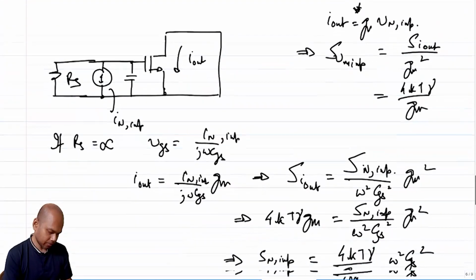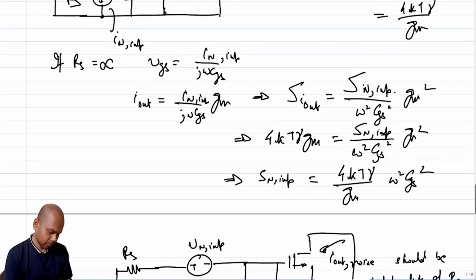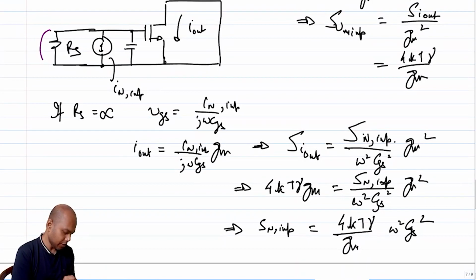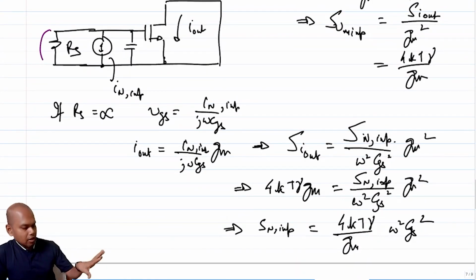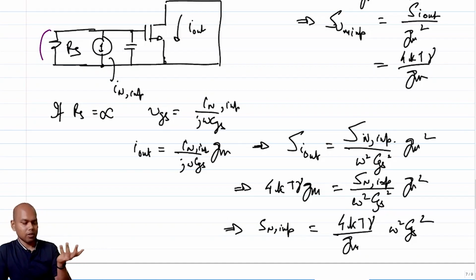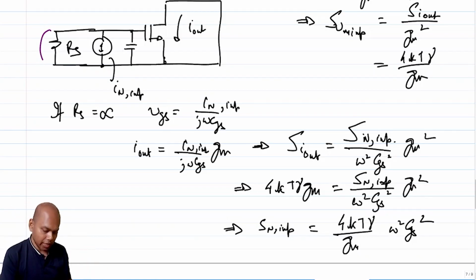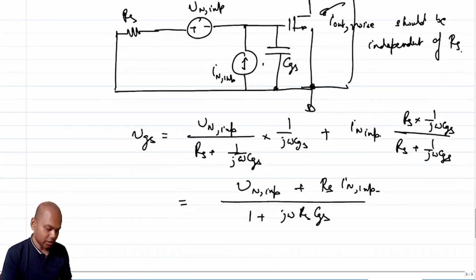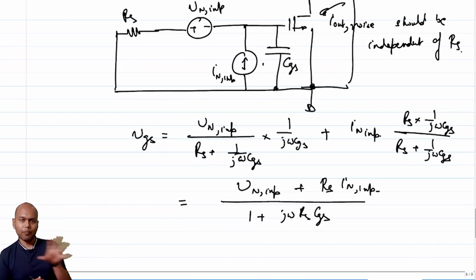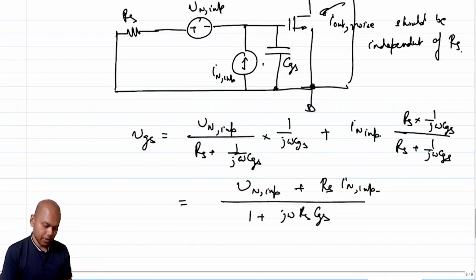If I short Rs, then the current source will not be able to generate any VGS. If the current source is not able to generate any VGS, then its output current is 0, but the total output current does not change. The total output current, whatever I get, will be because of Vn INP only. So from there I'll be able to get the value of Vn INP.